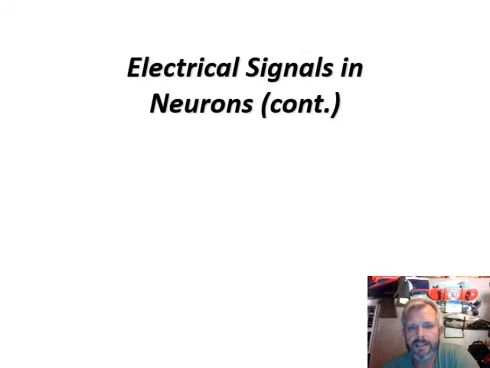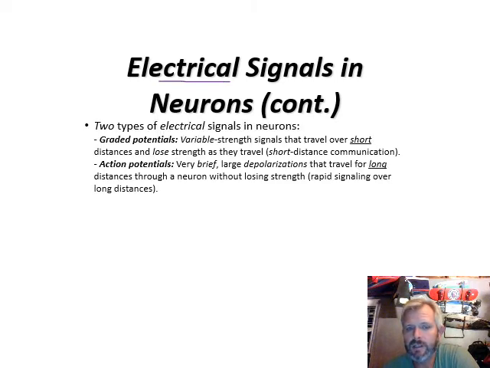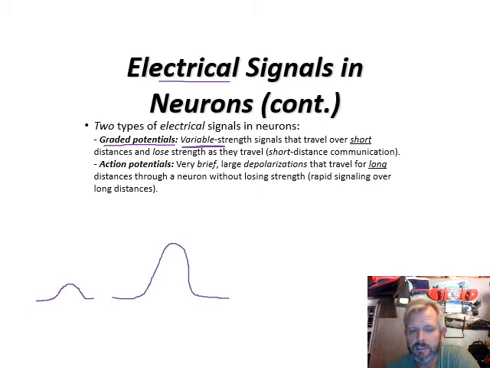Looking at the different electrical signals in the neuron, there are two types. There are the graded potentials, and these happen over short distances. They are graded, so they are variable. I can have a graded potential that is small, or I can have a graded potential that is really big. They are variable in strength, big and small.